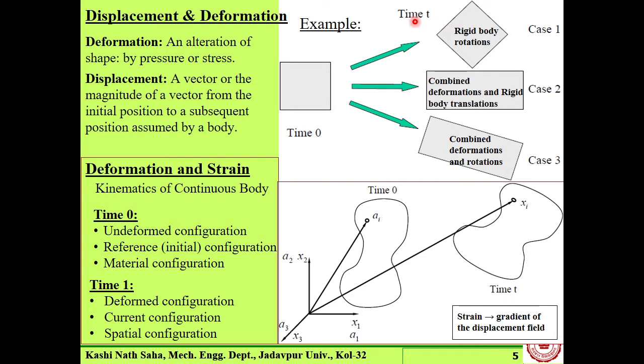In general, in our solid mechanics discussion, we do not discuss the effect of time in the process of deformation. Like this is our body at initial position before applying force or temperature field, whatever, and if this is the final position, the contribution of the elapsed time in the process, that part we neglect.